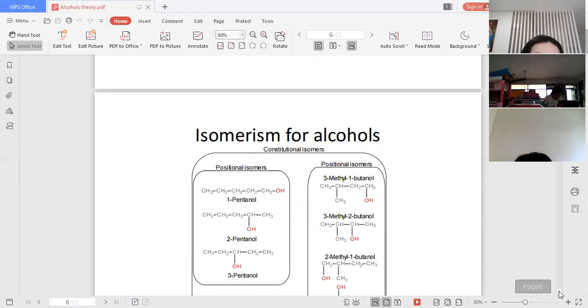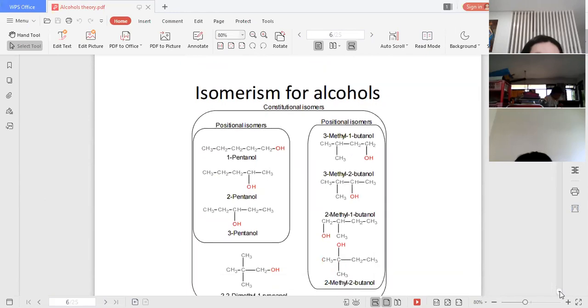Next, isomerism for alcohol. The isomers of alcohol are mainly the structural isomers. There are three components of structural isomers, which are the positional isomer, chain isomer, and also the functional group isomerism.